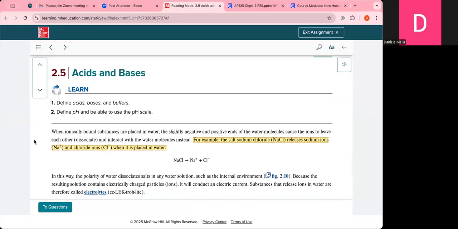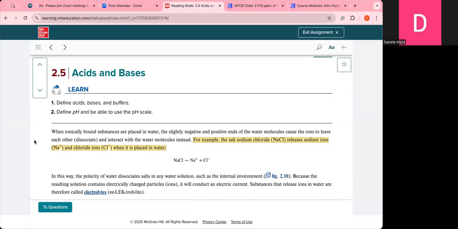Those are acids. Substances that release ions in water are electrolytes.